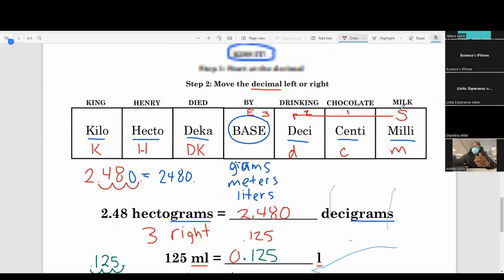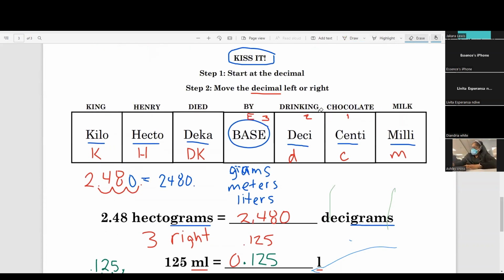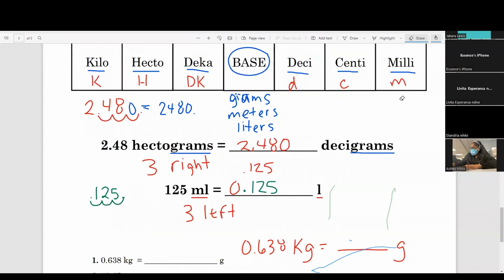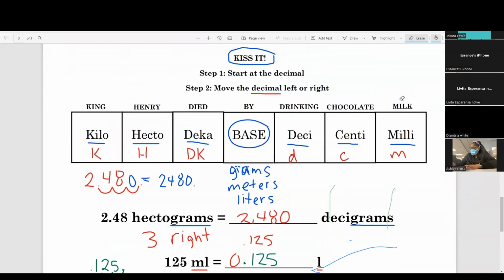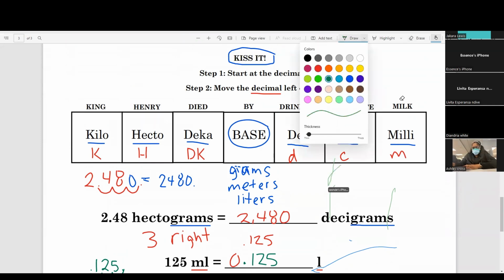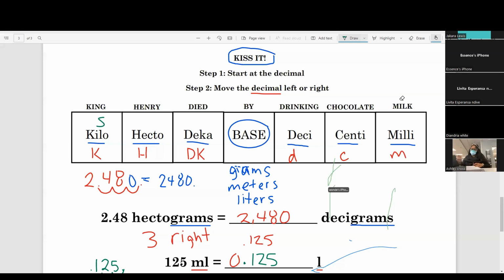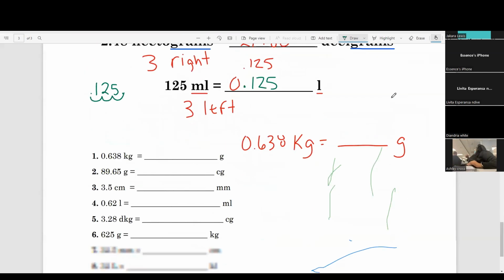So if we go back to our chart, we are starting at kilograms. This is my starting point, and then I'm ending here at my base. First thing we need to indicate is what direction. We're going to the right. And then how many spaces? We're going once, twice, 3 times to the right.